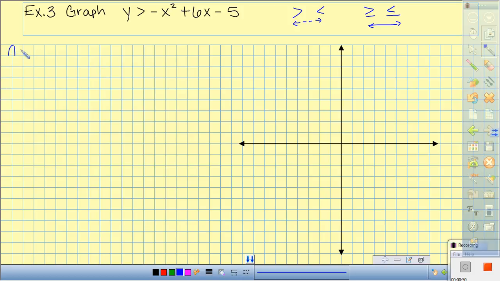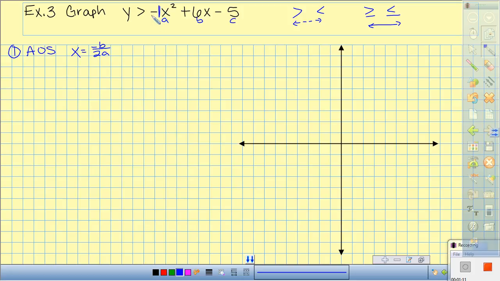So the first step, again, is to find your axis of symmetry and your vertex. So remember, your axis of symmetry is found using that equation, x equals negative b divided by 2a. So I know this is my a, b, and c. Notice that there's not a number right here in front of your x squared term, but we know there's always an imaginary 1.